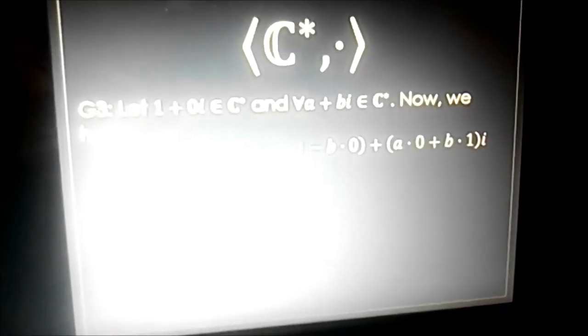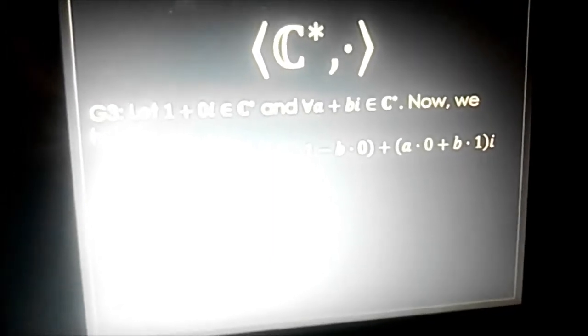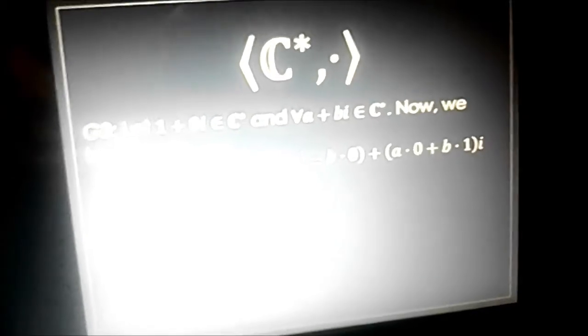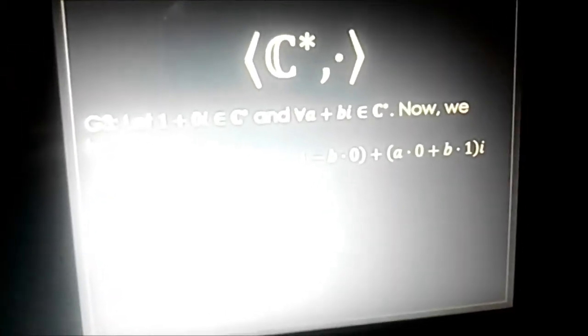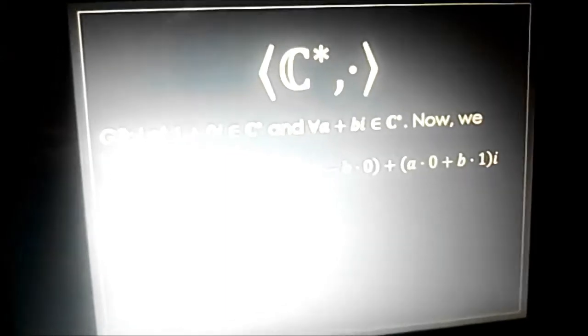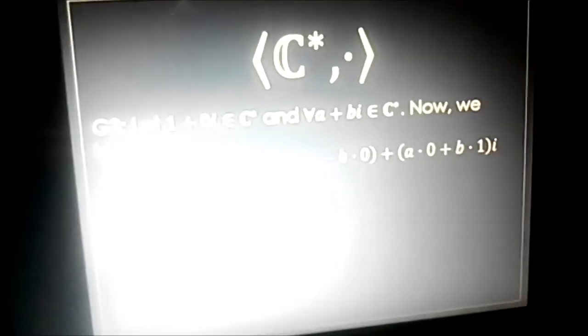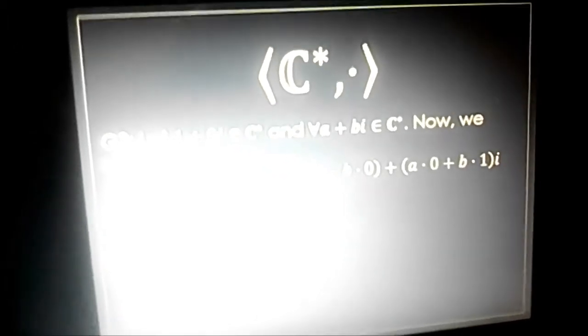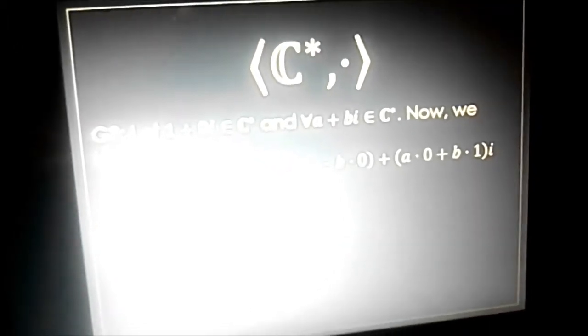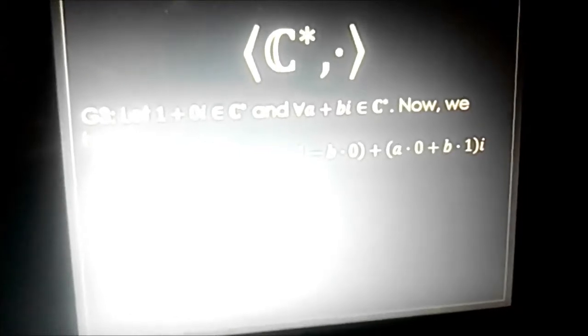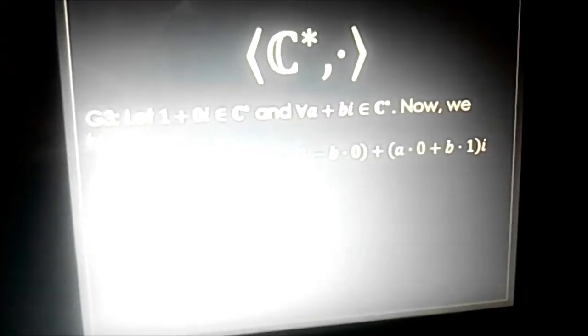How can we get b times 0? It is bi multiplied by 0i, so we have b0i squared, which gives minus b times 0. Plus a multiplied by 0 plus b multiplied by 1.